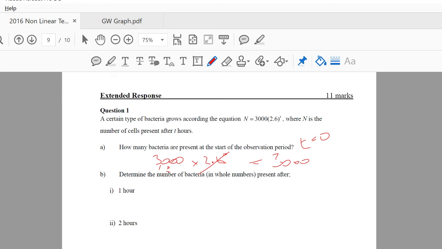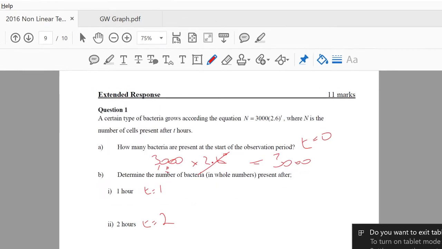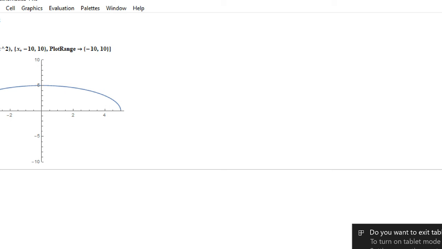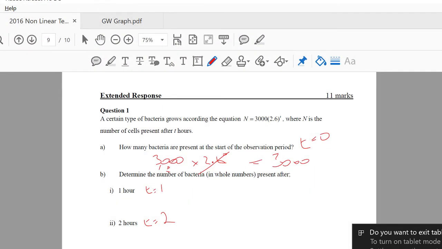So determine the number of bacteria present after 1 hour and after 2 hours. All that's going to mean is I need t to equal 1 and t to equal 2. So it's 3,000 times 2.6 to the power of 1, which is 7,800.